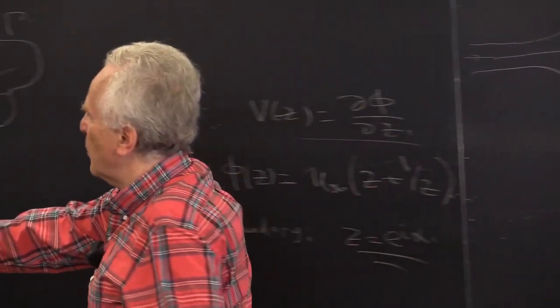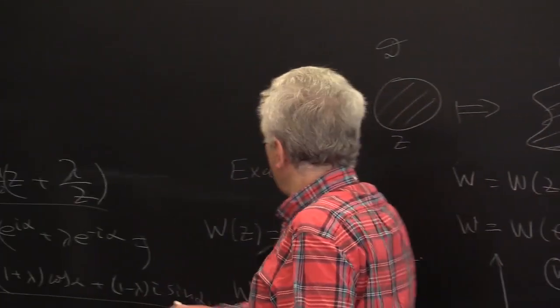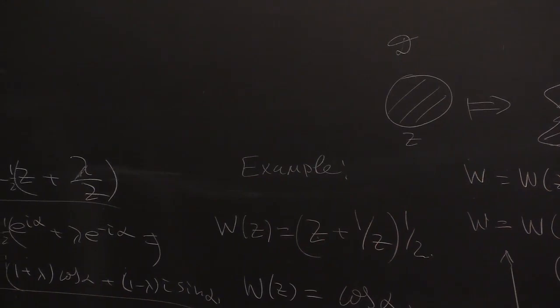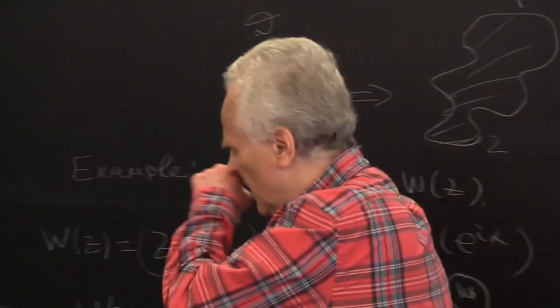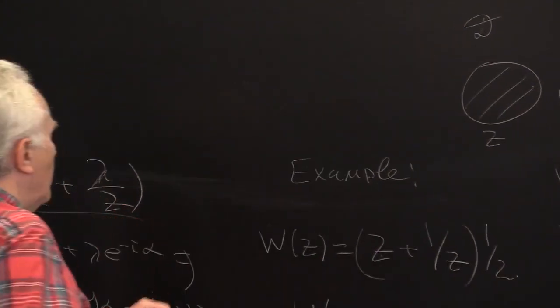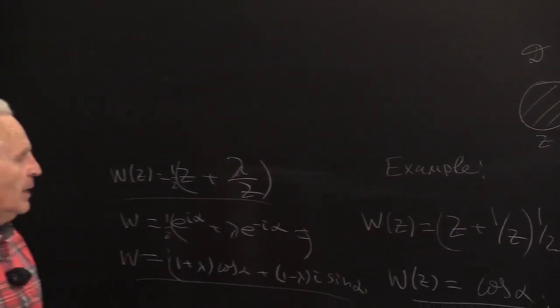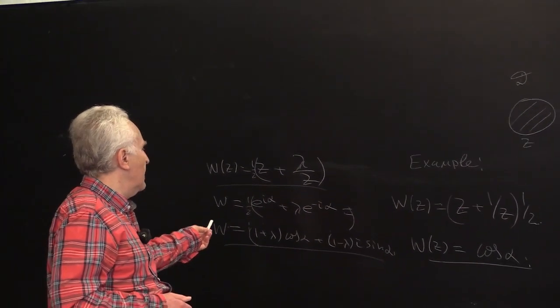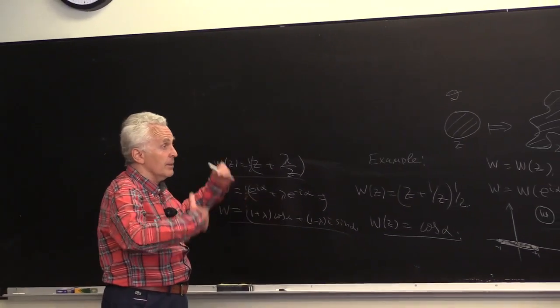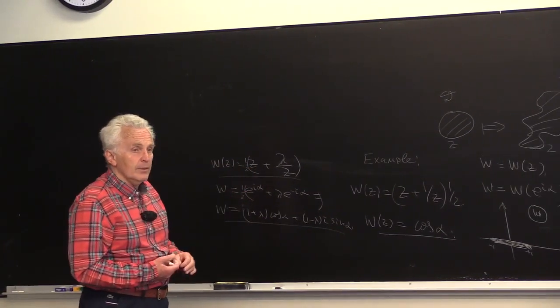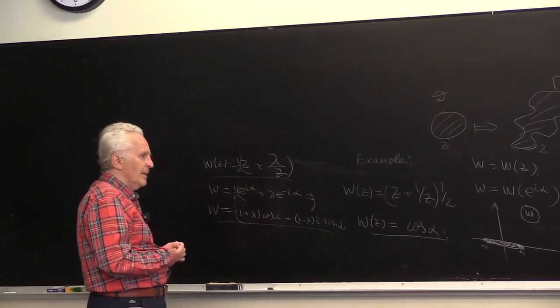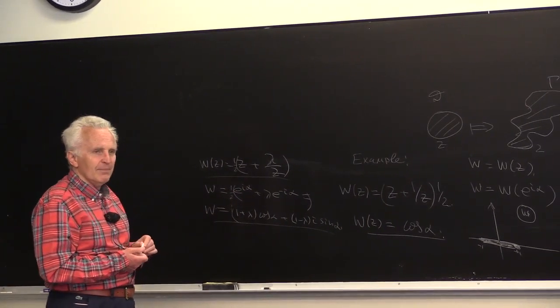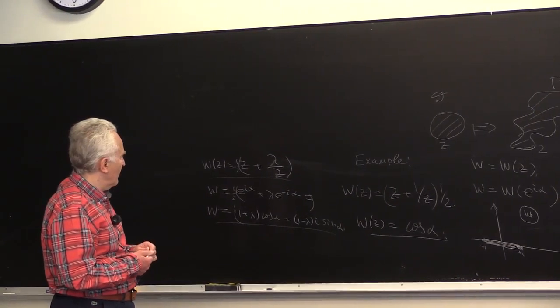You see, when lambda was 1, we had no imaginary part, and that's why we got this purely real strip. Now, this time we do have an imaginary part, and we have to decide. This thing describes some curve on a plane. Pretty simple curve, actually. What do you think? An ellipse.